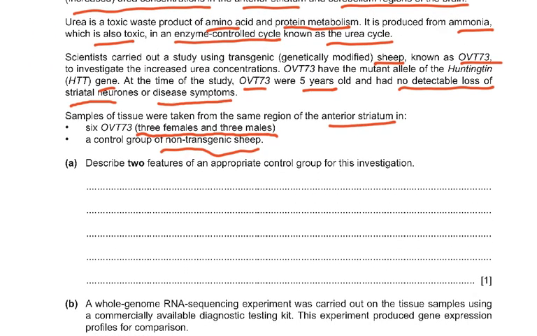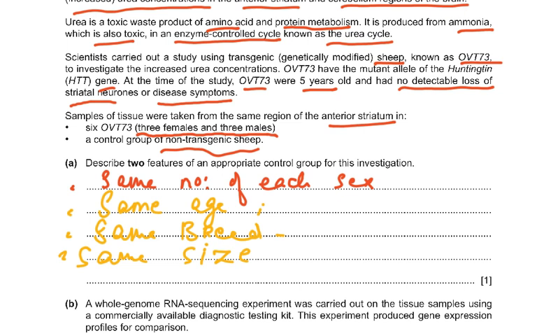Well, they should have been the same gender, 3 males and 3 females, and they should have been the same age, or you could have said 5 years old. They should have been the same breed, or the same type of sheep, then the same size or the same mass, and the fact they did not have the mutant allele or Huntington's disease.